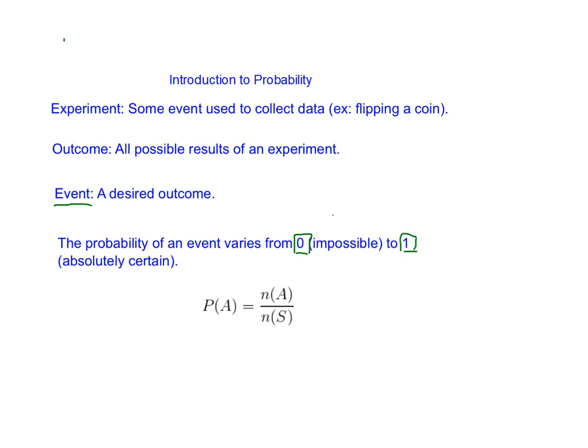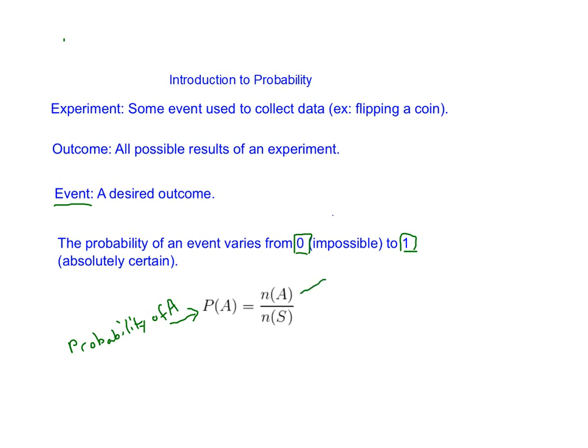We can define probability technically with this formula right here. It basically says that the probability that A happens, sometimes we just say the probability of A for short, is equal to the number of ways that A can happen.